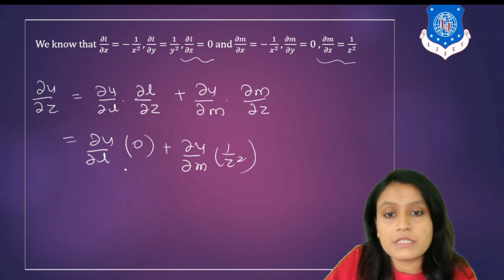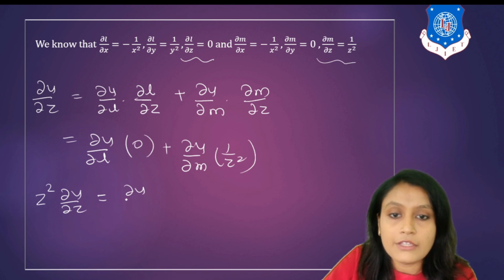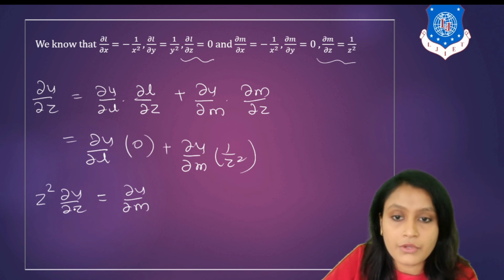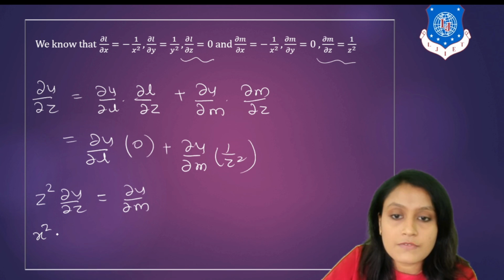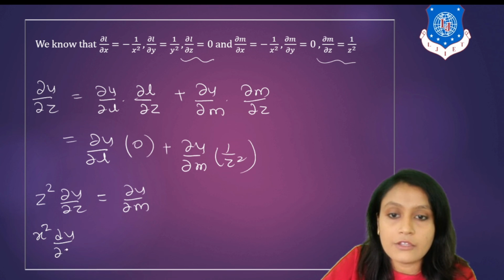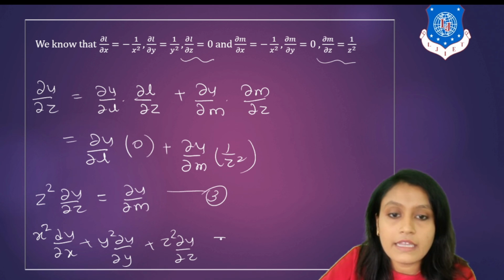Now this term is 0. We have to multiply it with z², so you will get z² del u by del z equal to del u by del M. Give it number 3. Okay, now at last we have to apply this formula, that is x² del u by del x plus y² del u by del y plus z² del u by del z. Add them, and you will get the answer as 0.